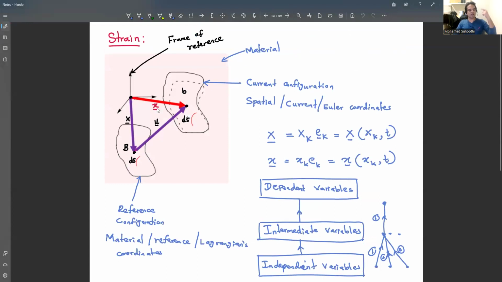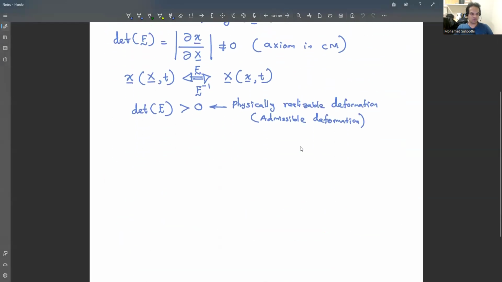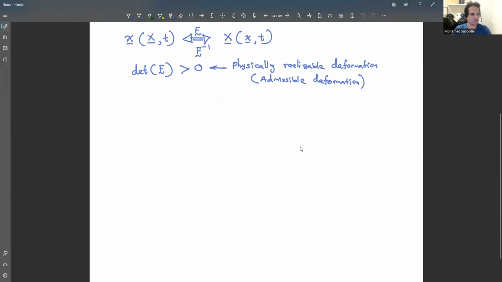Now you can connect this X and u using the vector addition notation, right? X plus u is equal to small x, right? Okay. So what is this actually? You have one vector like this, that is your capital X, right? So then you have something called vector u. So this is your small x vector, right?